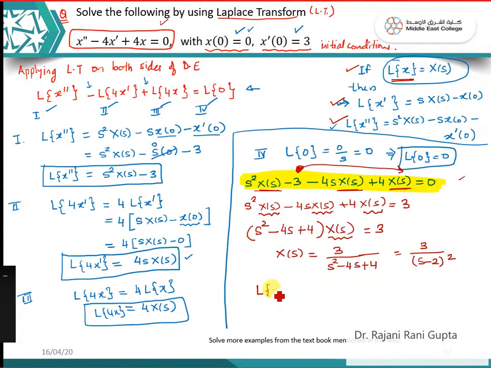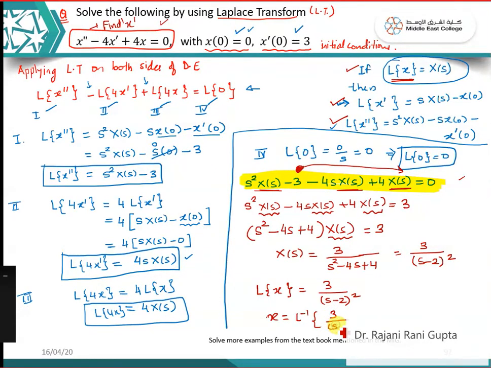So it means the Laplace transform of x is 3 over (s minus 2) to the power 2. Now when we have to solve a differential equation, it means we are looking for the value of x. So to get the value of x, we have to take the inverse Laplace transform of both sides.